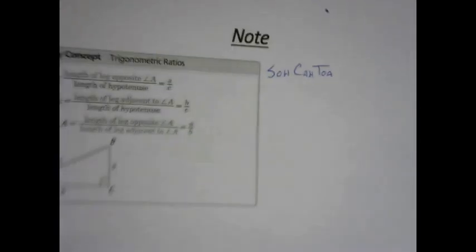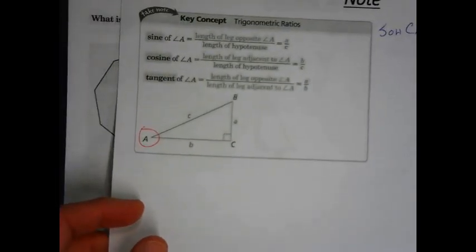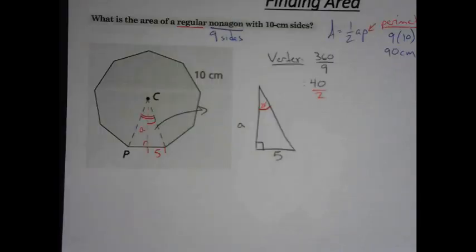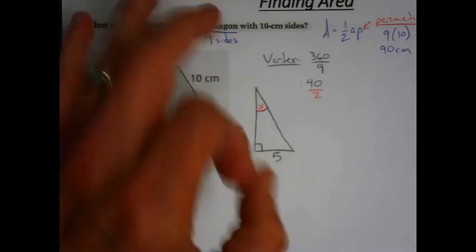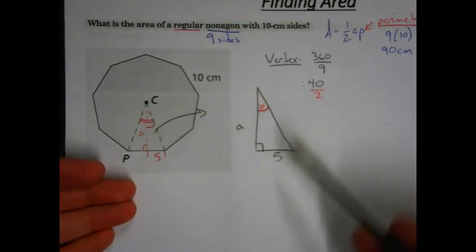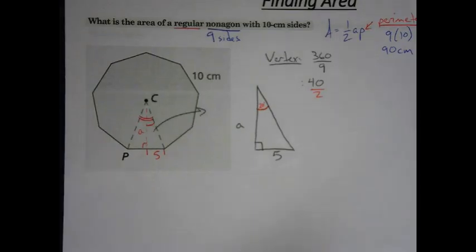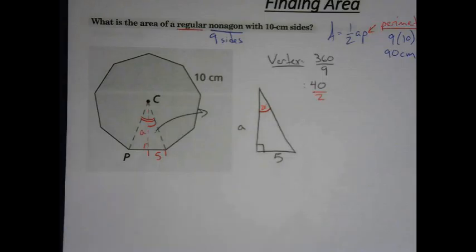Well, we have to re-invoke Chief SOHCAHTOA. We have to remember how our trigonometric ratios work. We have an angle here at 20 degrees. There's a trig ratio for that angle that deals with the side lengths, right? So which trig ratio deals with these two segment lengths in our case?